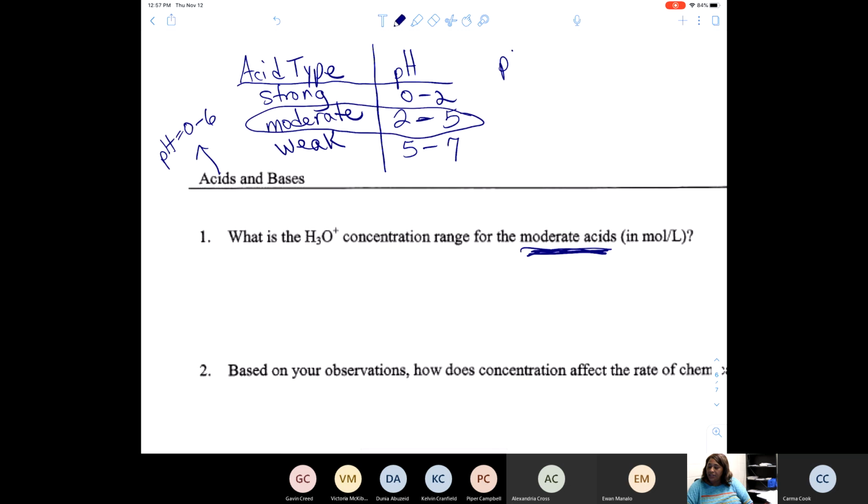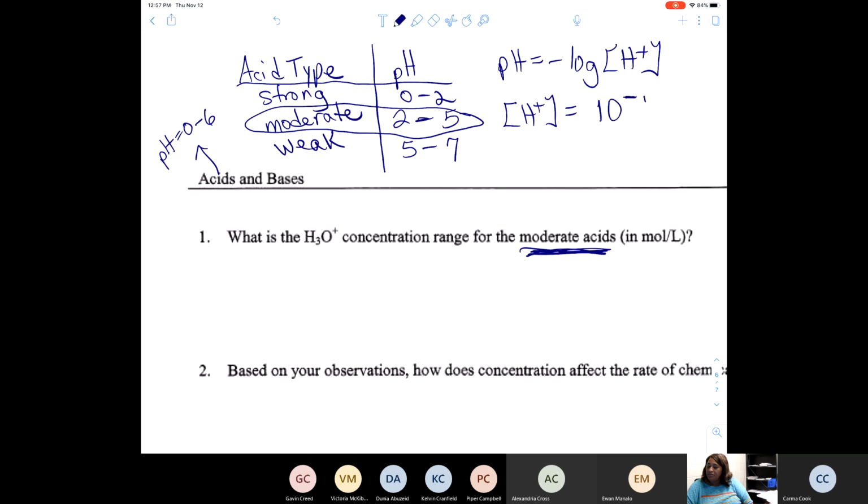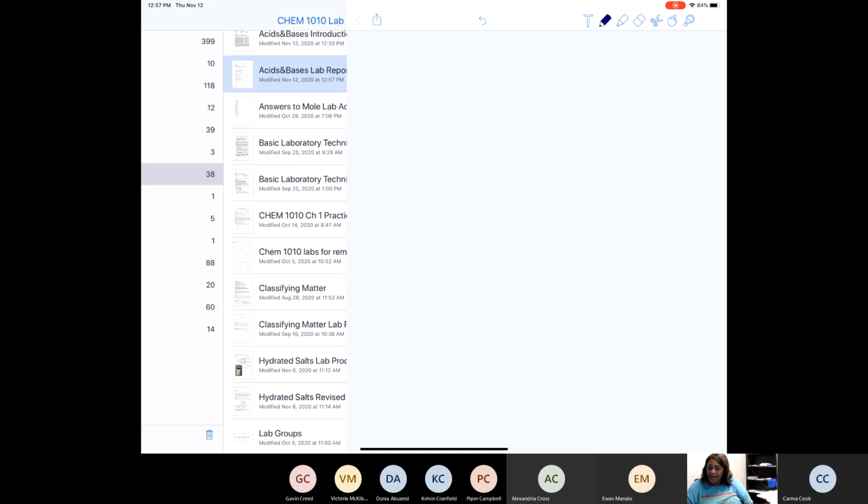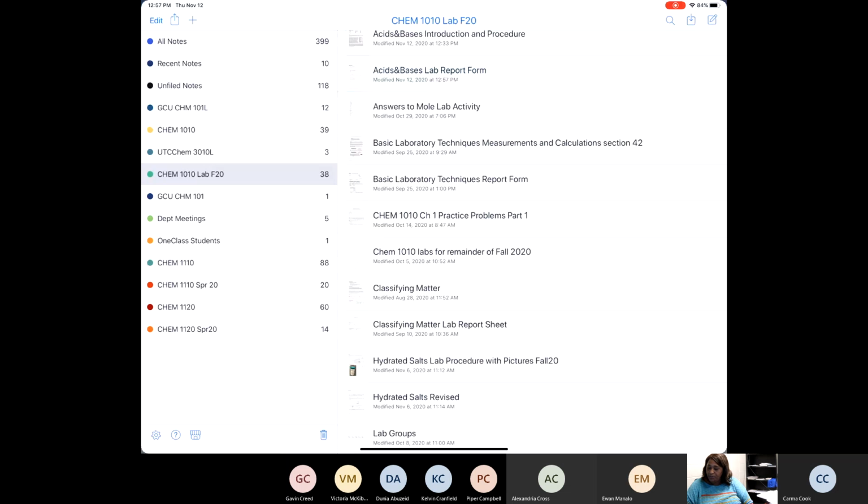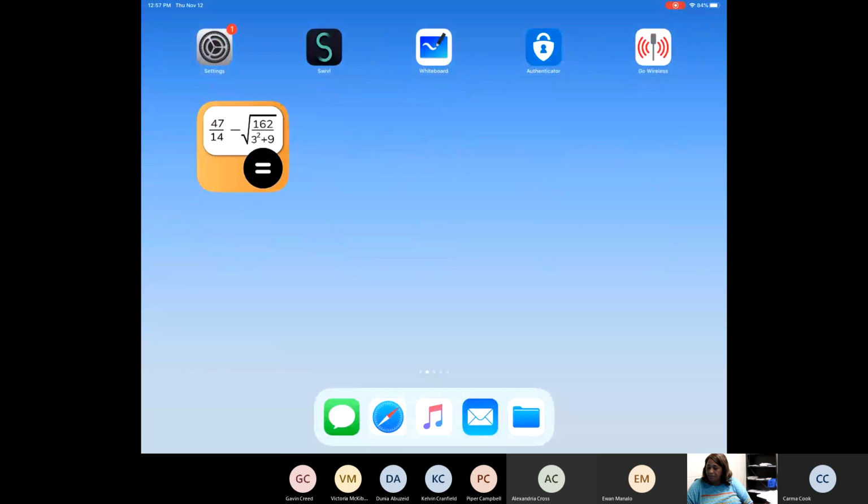And then you know that pH is the negative log of the concentration of H plus, and therefore the concentration of H plus is going to be equal to your base 10 function raised to the negative pH power. So on most calculators, just pull up a calculator here.